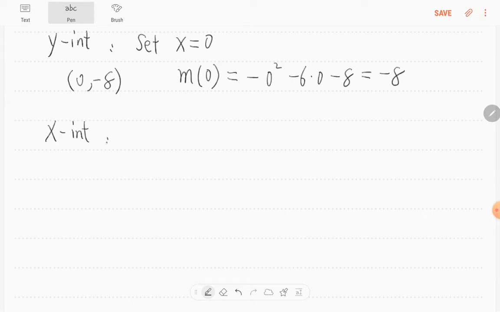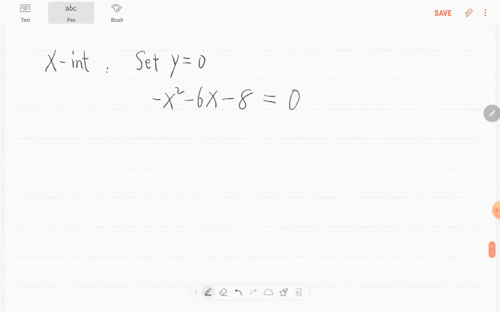The x-intercept is where we set y equals 0. In other words, m of x equals 0, so 0 equals negative x squared minus 6x minus 8. So you can use the quadratic formula, right? x equals negative b plus or minus the square root of b squared minus 4ac, over 2a.